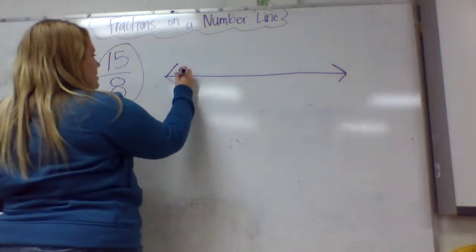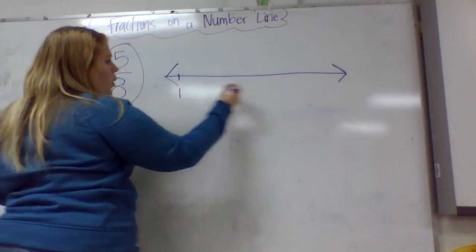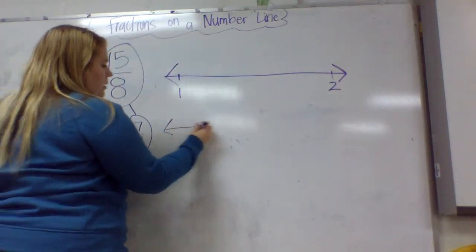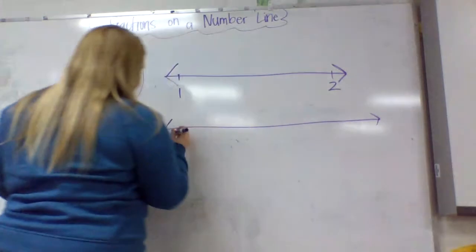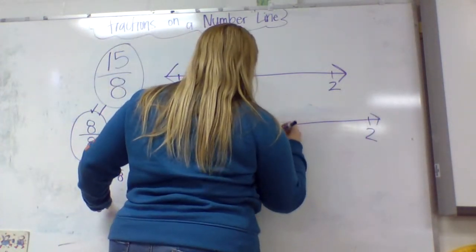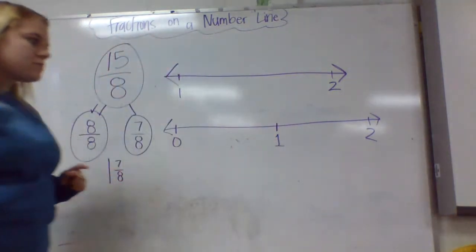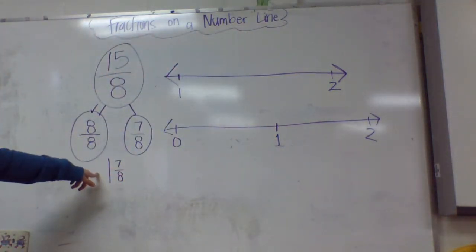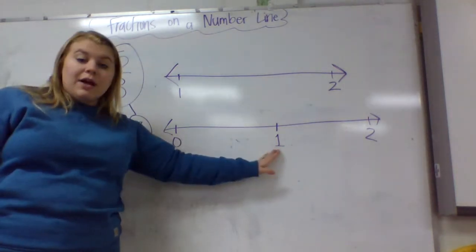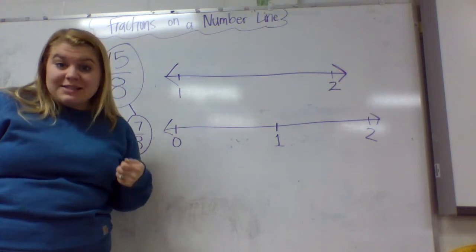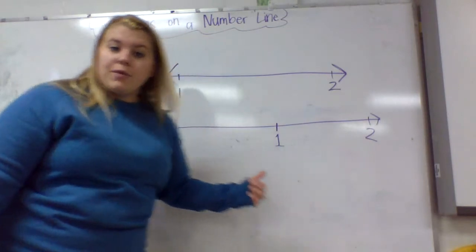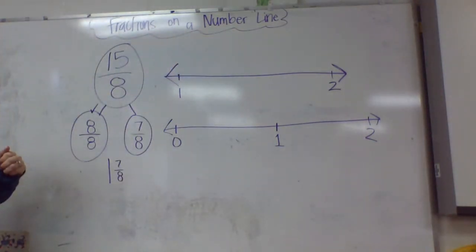My endpoints might be between 1 and 2, or my number line might go all the way from 0 to 2 with 1 in the middle. It's important when we're working with improper fractions to make sure we look at our whole numbers, because sometimes they'll try and trick us and they'll give us number lines that go from 0 to 1, but there's no way that our fraction could be represented there.